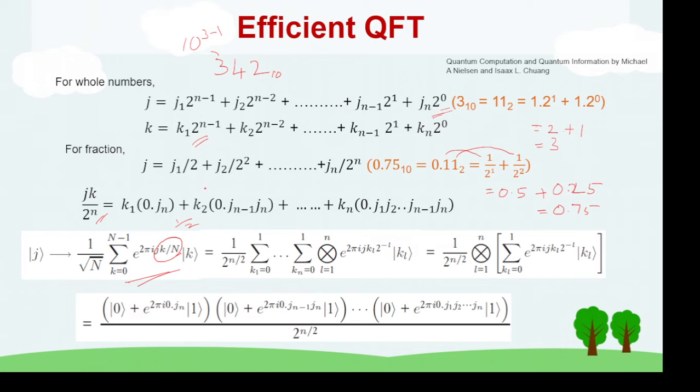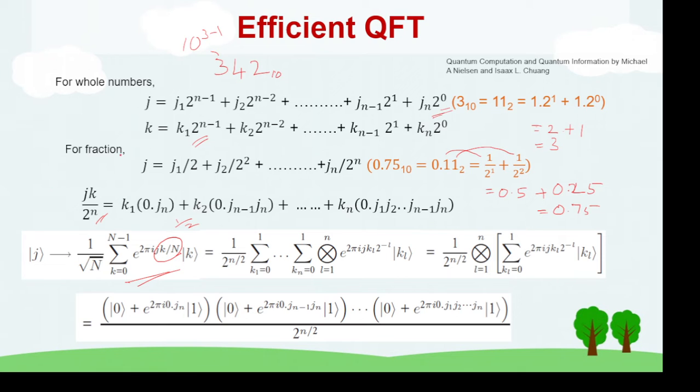Now, another thing to be noted here is, since jk divided by 2 to the power of n is coming as an index to the e, and we know that when we have an addition in the index, it becomes multiplication of two numbers.